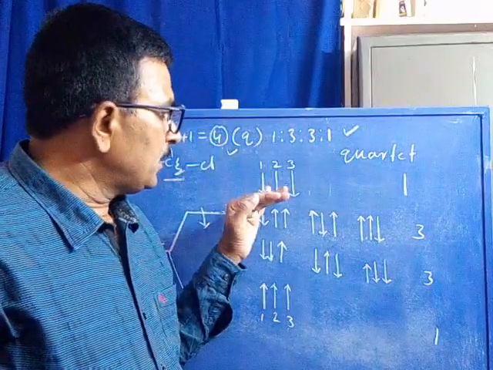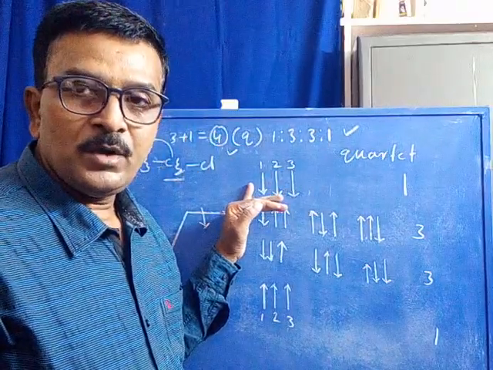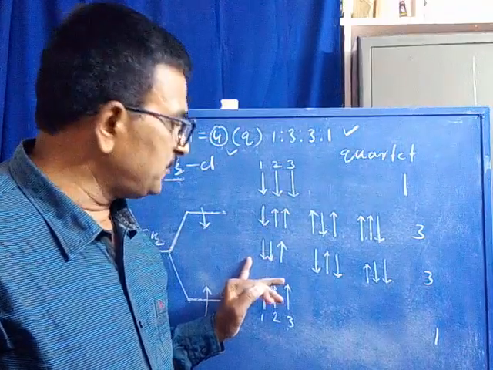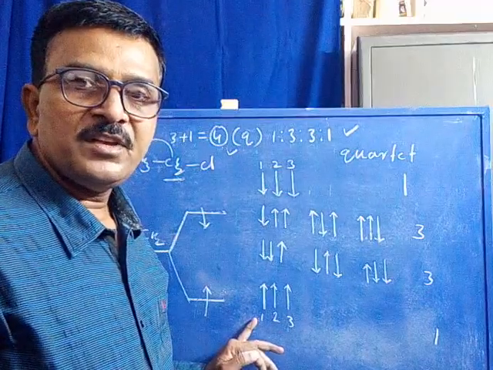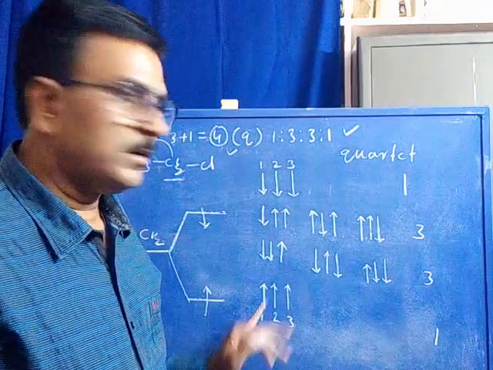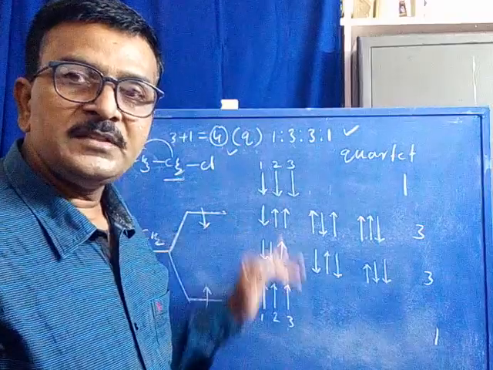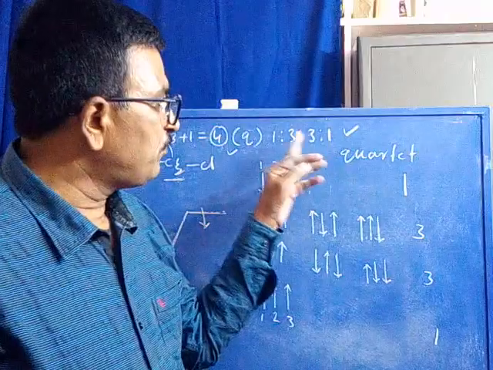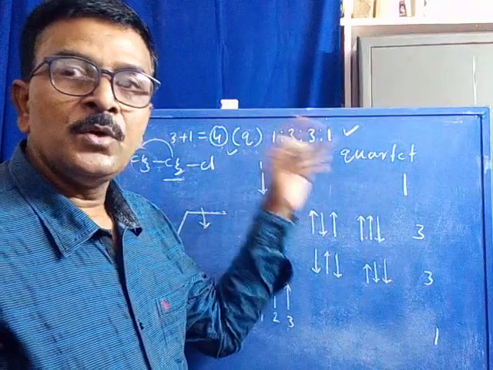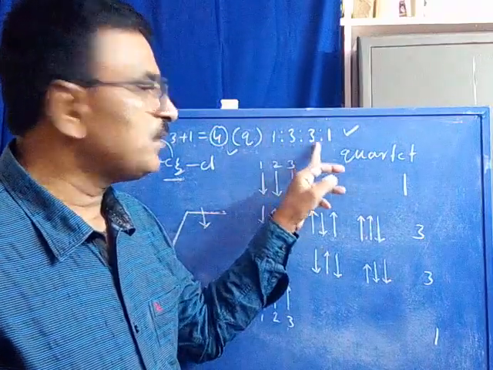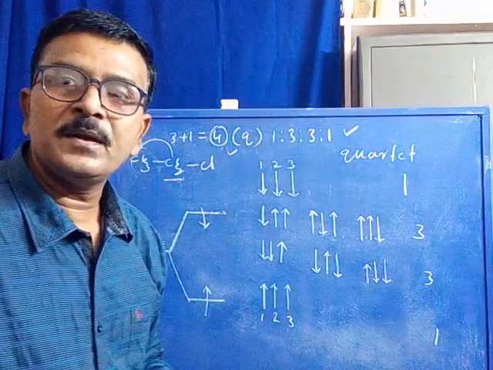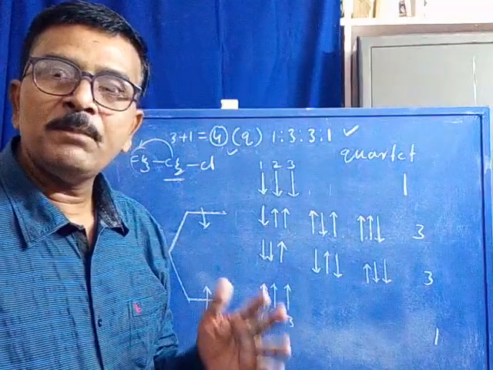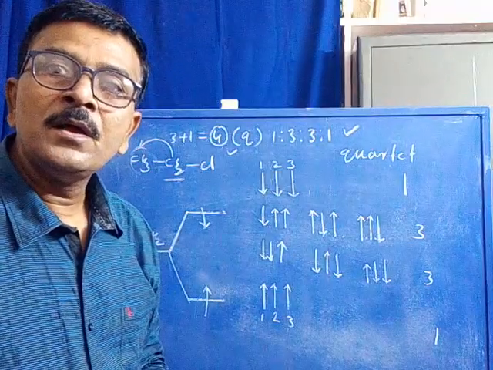In the first orientation, there is only one combination. In the second and third orientations, there are 3 combinations. In the fourth orientation, again one combination is possible. That is the combination ratio 1:3:3:1. Therefore, a quartet appears for CH2 with an intensity of 1:3:3:1. This is the theory of spin-spin coupling. Is it clear? With this, the theory of spin-spin coupling is completed.